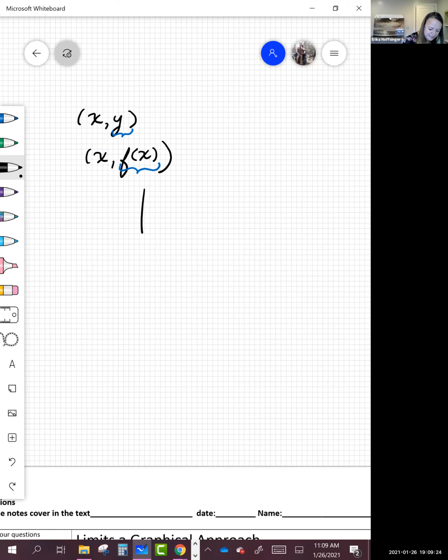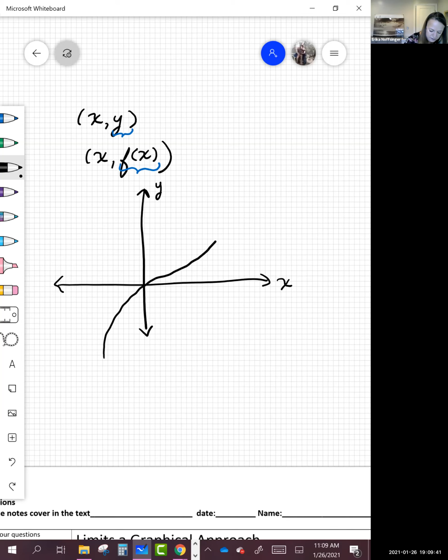So if I had some graph here, vertical is our y-axis or f of x, and the horizontal line was our x-axis. And maybe we have some graph in here. And it said find f of 4.